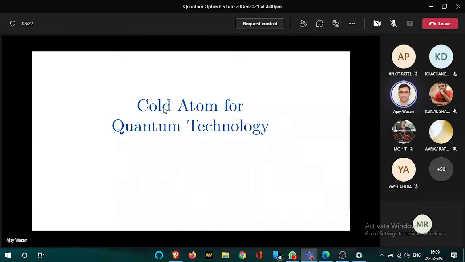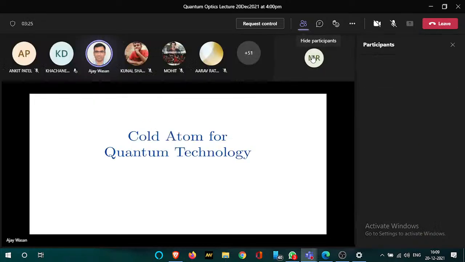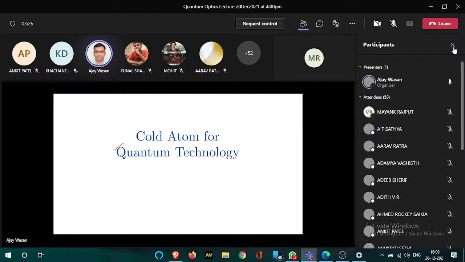I'm giving a little talk on cold atoms for quantum technologies. Nowadays, quantum technology is a big field all around the globe. Not only abroad, now the Indian government has also started an initiative to use quantum technology, and there are many ways of doing this.